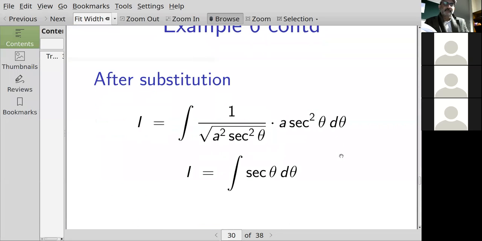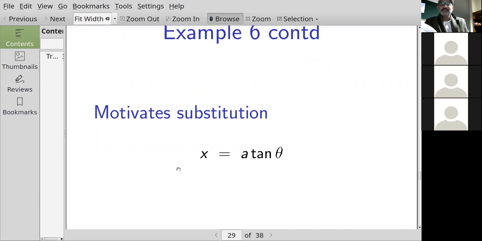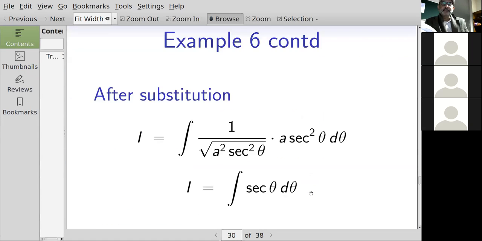So then the integral is I equals the integral of 1 over the root of a squared secant squared theta. And since x was equal to a tangent theta, what's dx equal to? A secant squared theta. Okay.